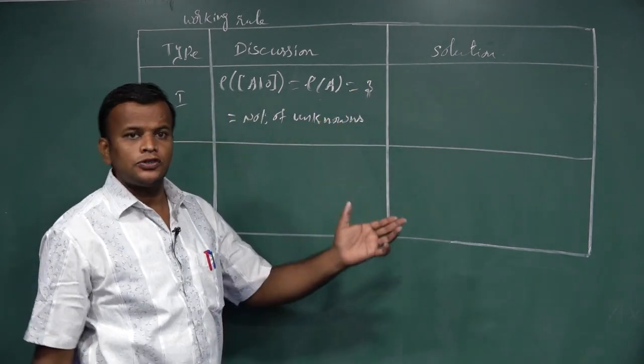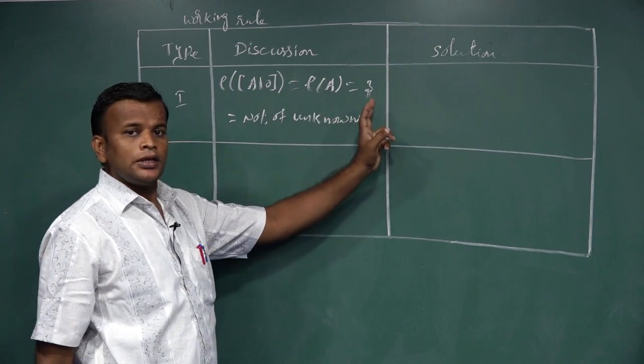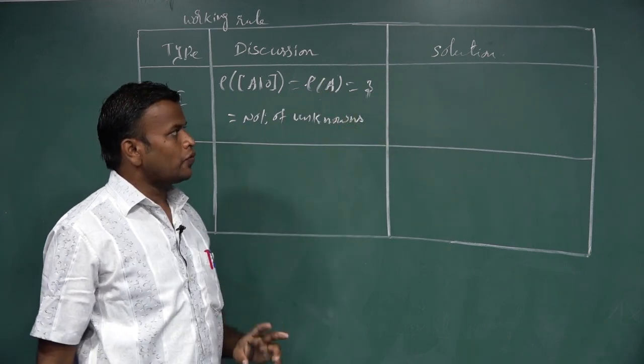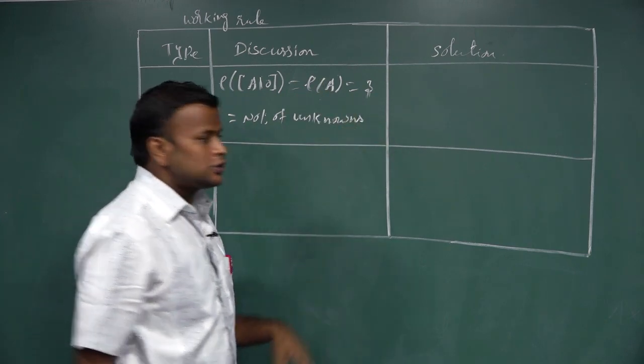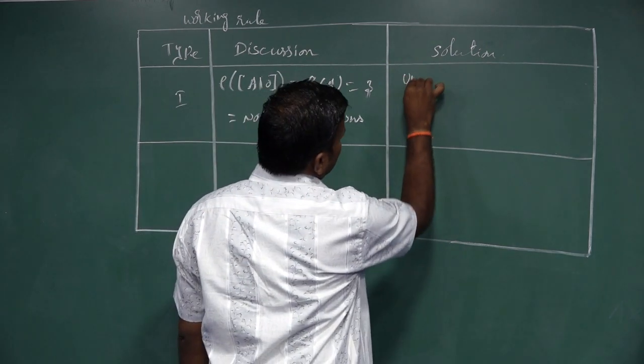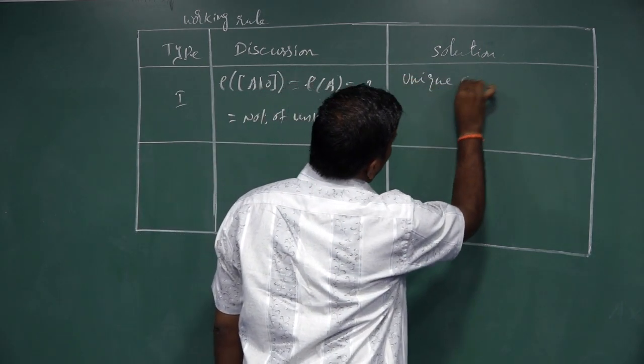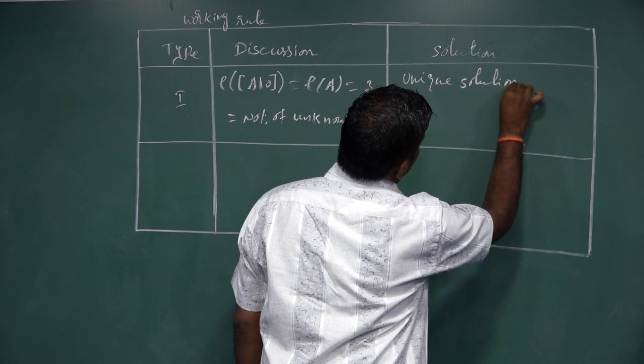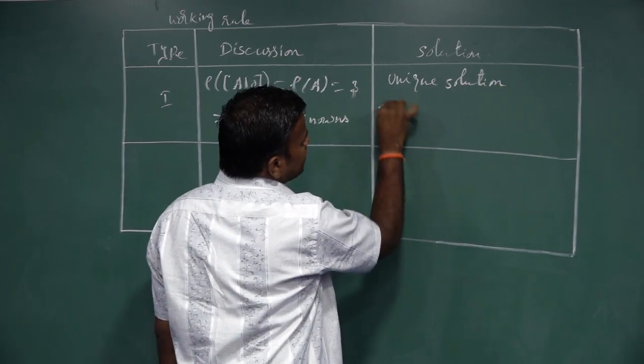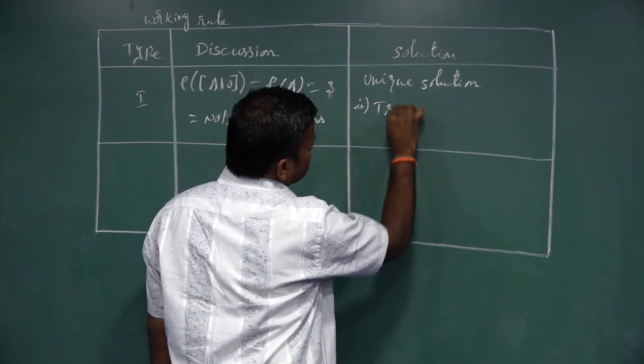Both the ranks are equal to 3, the given number of unknowns. Then the system has a unique solution, that is, the system has a trivial solution.